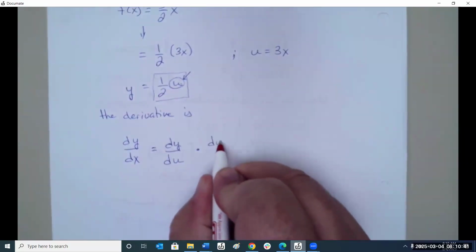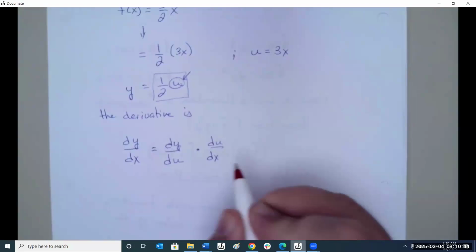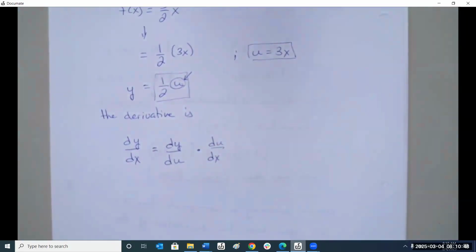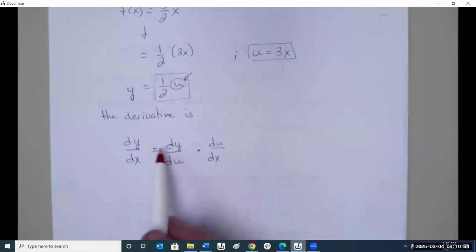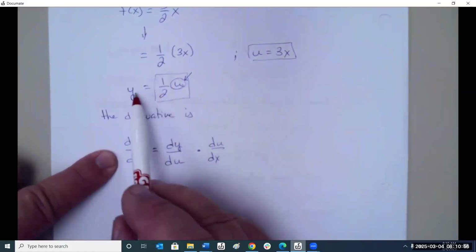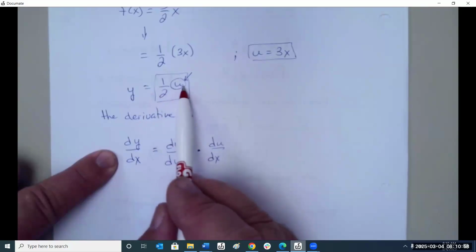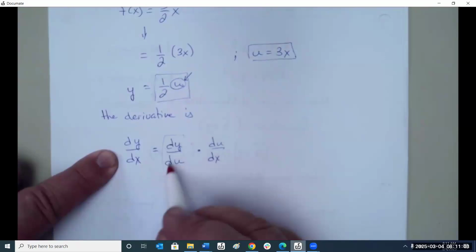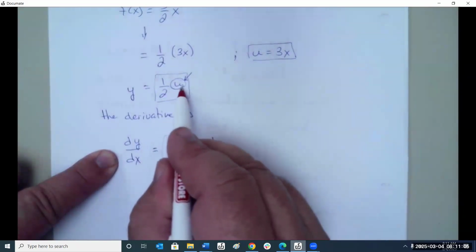So I take du with respect to dx, because what is u? u is 3x. You have to build up your chain rule. That's what we call a chain rule. It just follows on. So the dy dx is actually f of u, and then that's what u is. So I take the derivative of the function with respect to u.